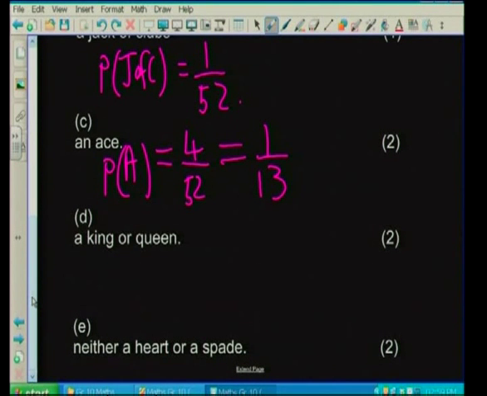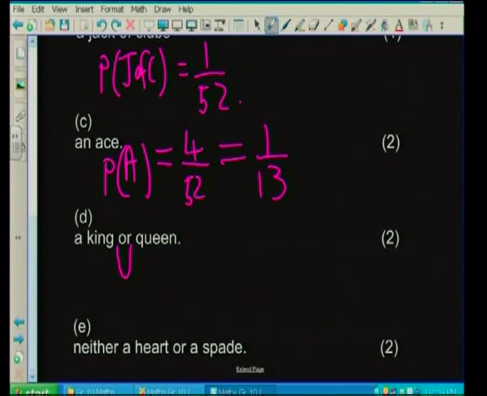The next question asks us, what is the probability of drawing a king or a queen? Right. So we spoke about the word or a little bit earlier on, and we said or goes with that sign, union. And whenever we are dealing with or, we will be adding. It doesn't have to be a king and a queen. In fact, who can be a king and a queen? It must be either a king or a queen. Now, we have a king in each of our suits.